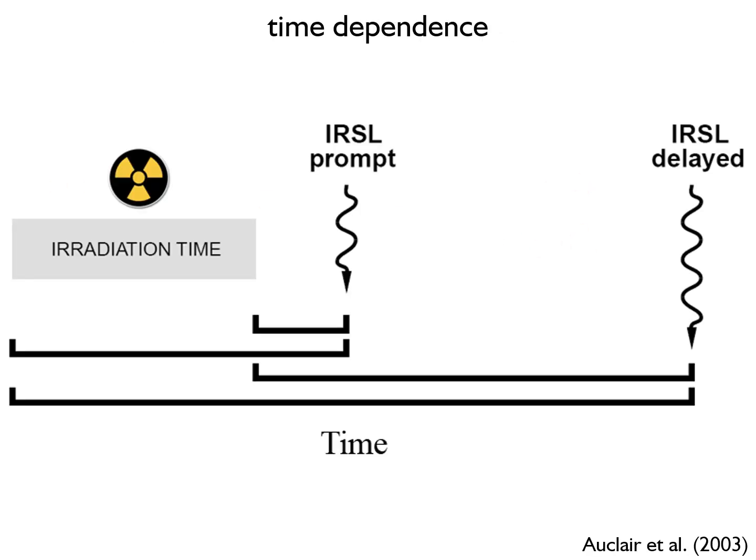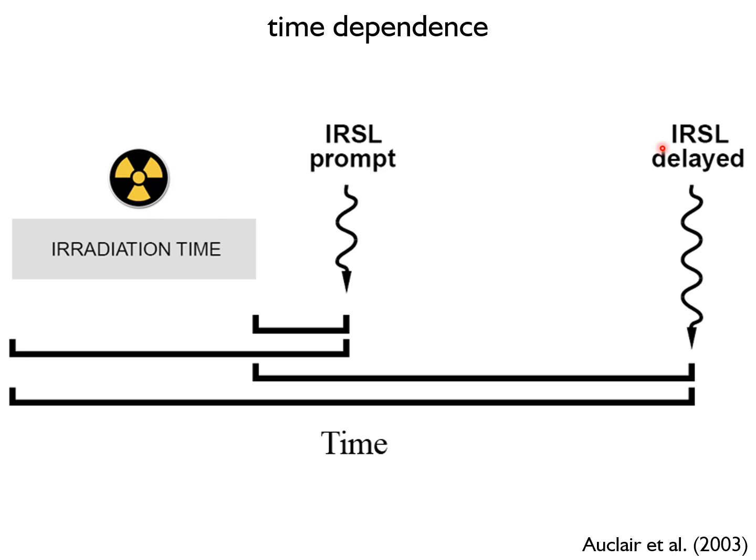In a laboratory condition, we can measure this phenomenon. What it consists of is we give a dose of radiation, and then we measure the luminescence signal. We repeat the radiation dose, but then we wait a certain amount of time before measuring the luminescence response.